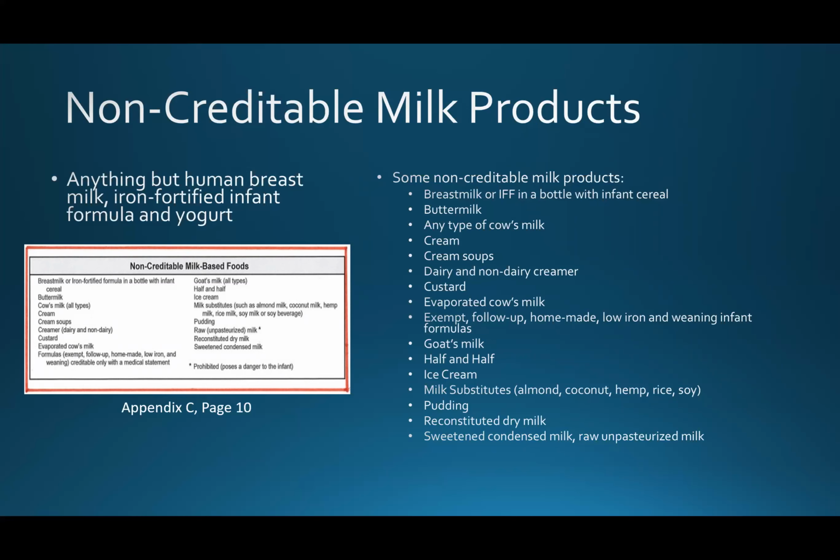Some of the items on the list of non-creditable milk products include breast milk or iron-fortified infant formula in a bottle with infant cereal, buttermilk, any type of cow's milk, cream, cream soups, dairy and non-dairy creamers, custard, evaporated cow's milk, exempt, follow-up, homemade, low iron and weaning infant formulas, goat's milk, half and half, ice cream, milk substitutes such as almond, coconut, hemp, rice, and soy milk or beverage, pudding, reconstituted dry milk, and sweetened condensed milk.